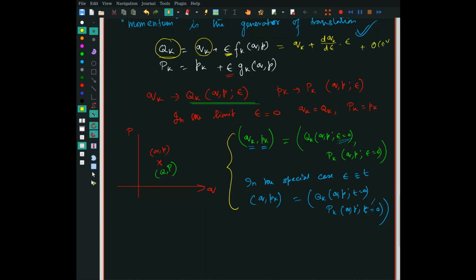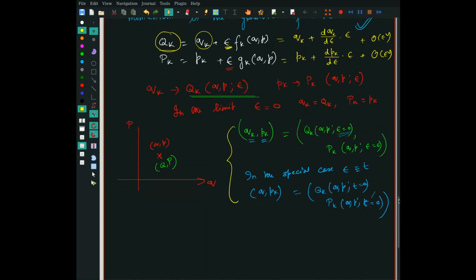Okay. If I compare this, and similarly this would be pk plus dpk d epsilon times epsilon plus order epsilon square. Okay.